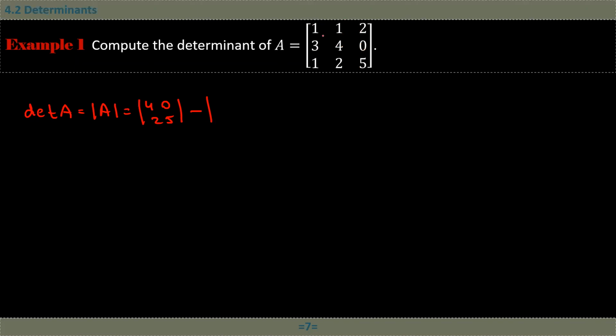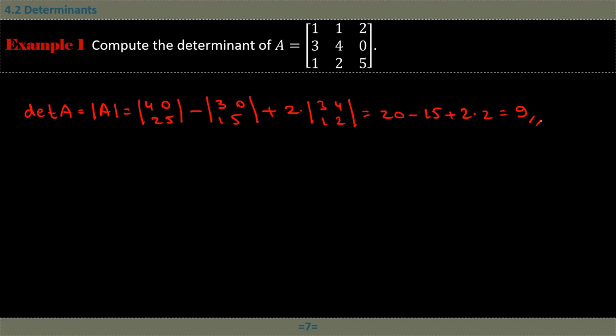It is delete this column and this row, 3015 plus, and here we have 2, delete this column and this row, 3, 4, 1, 2, which is equal to, the first one is 4 times 5 minus 0. That is 20 minus 15 minus 0. Here we have 15 plus 2 times, it is 6 minus 4. That's equal to 2, which is equal to 5 plus 4. So determinant of this matrix is 9.